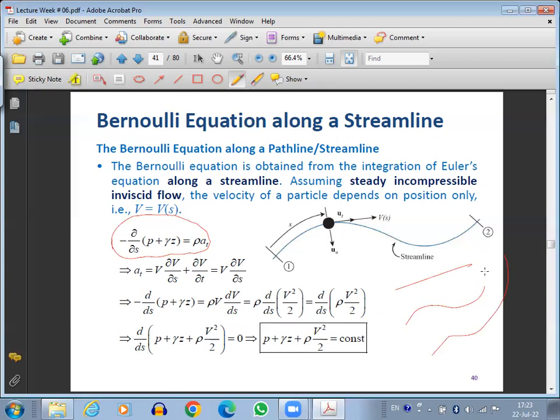So this is a streamline and we define it as s. X direction is x, Y direction is y, Z direction is z, and s is any path. So it's path s. We call it a streamline. The fluid is moving along the streamline, and within the streamline there is tangential acceleration, rho a_t.